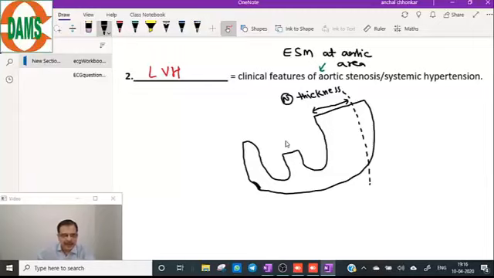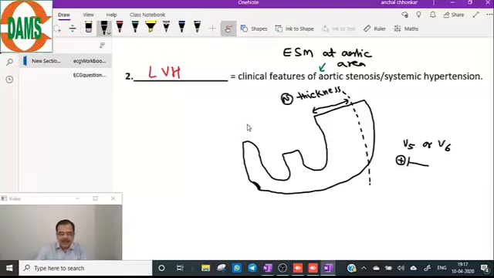So LVH because of aortic stenosis and systemic hypertension. So we will focus upon this lead here, either V5 or V6. If one particular lead is being asked in the exam, focus on the left sided leads V5 and V6 because they are near the left ventricle.